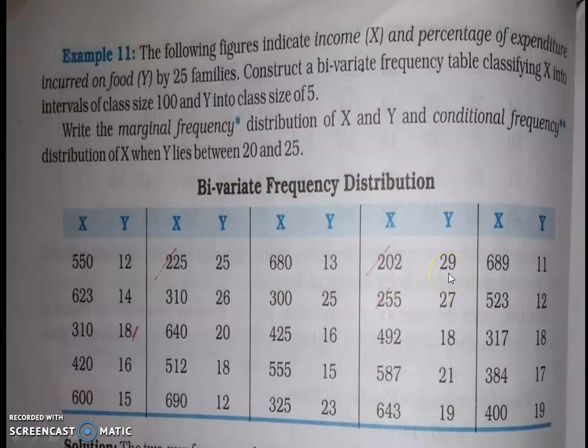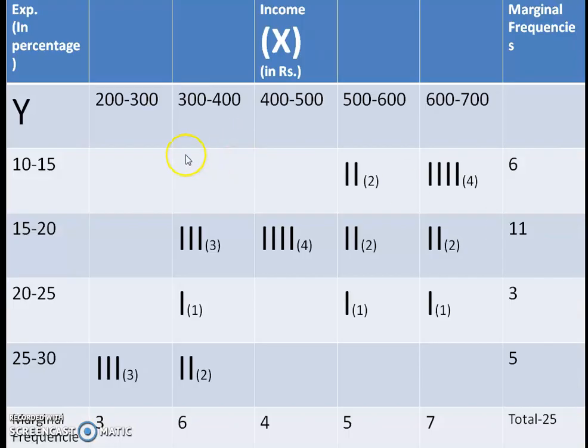So the range will start from 10 and end at 30. The lowest value was 11, so we started from 10, and it ends at 30 because the highest value was 29. The class size should be 5: so 10 to 15, 15 to 20, 20 to 25, 25 to 30.